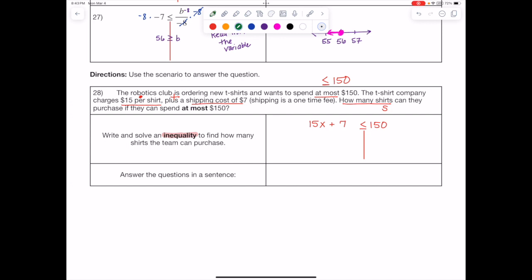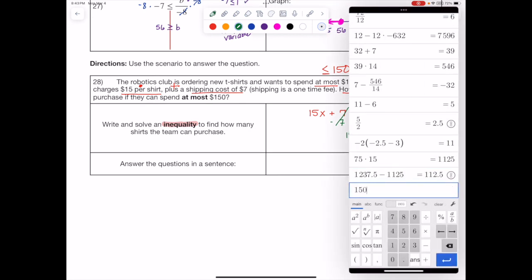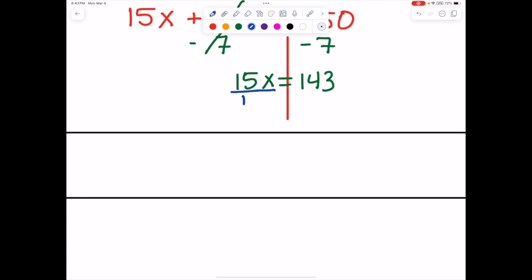We're going to subtract both sides by 7. Cross that out. What do we end up with? We end up with 15x equals 150 minus 7, and we end up with 143. Then let's isolate the variable, so divide both sides by 15.